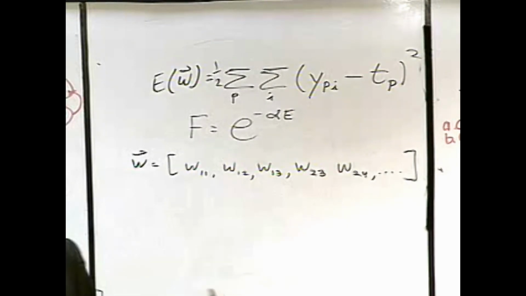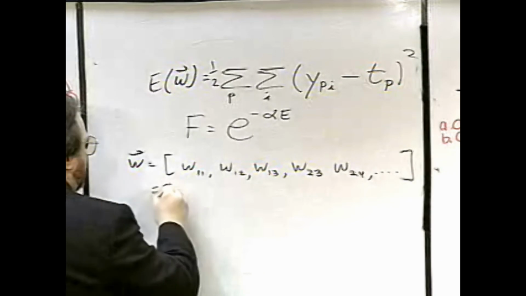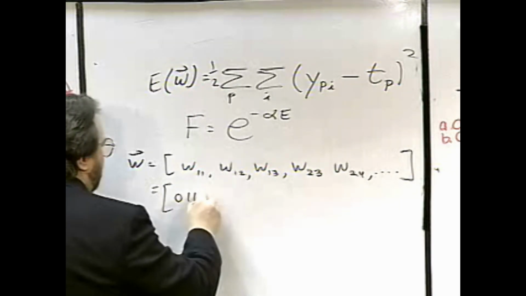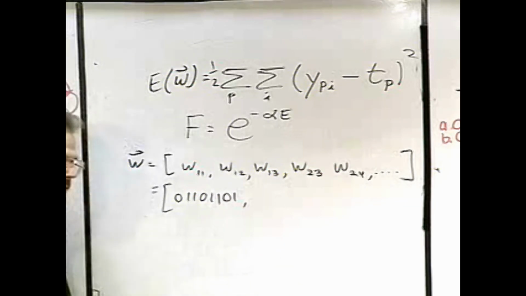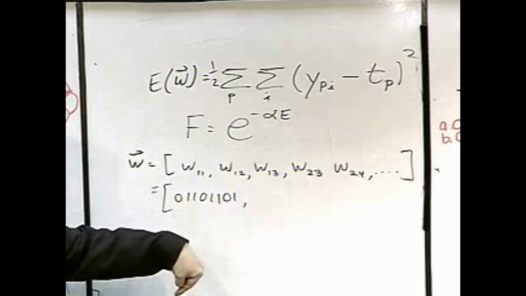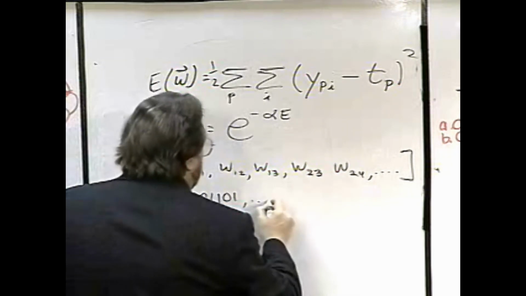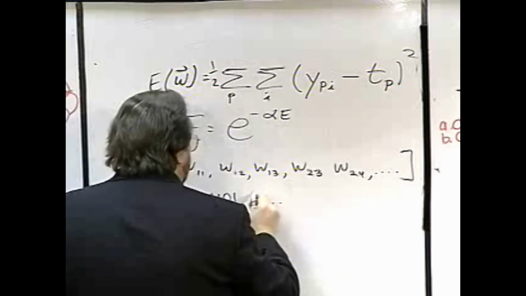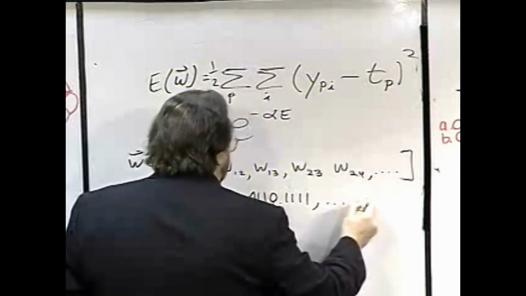Maybe we could assign each weight a byte of accuracy, and weight 1 might be 0, 1, 1, 0, 1, 1, 0, 1, okay? For that byte of accuracy. You need a sign bit too, because the weight can clearly go negative also, right? You can assign each one of these a 1 byte value, etc.